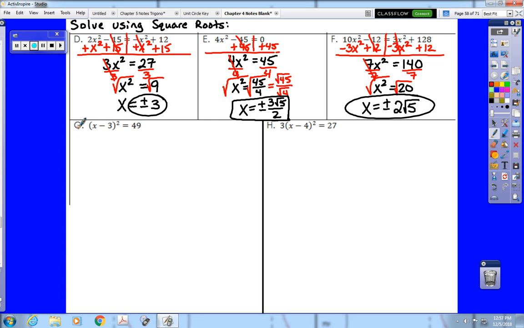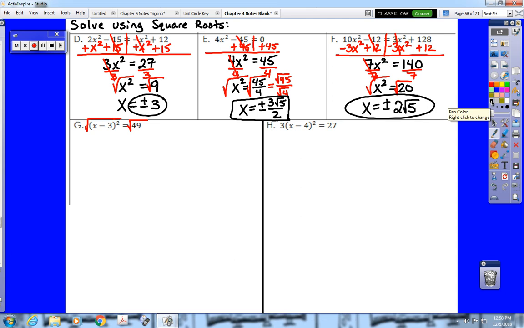What we do at that point is we take the square root of each side. That will cause the exponent and the root to cancel each other out. And what would be left would be what's inside the parentheses. So x minus 3 equals, and then the square root of 49 is plus or minus 7. Now the major difference here is what happens next, because we have to then continue and solve for x. So then we would add 3 to each side.